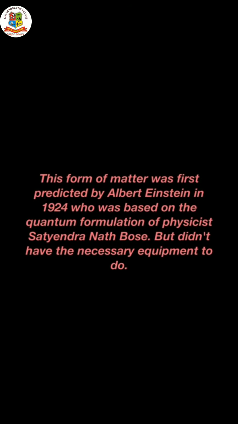This form of matter was first predicted by Albert Einstein in 1924, based on the quantum formulation of physicist Satyendra Nath Bose, but they didn't have the necessary equipment to create it. Because of these two, it is known as Bose-Einstein condensate.